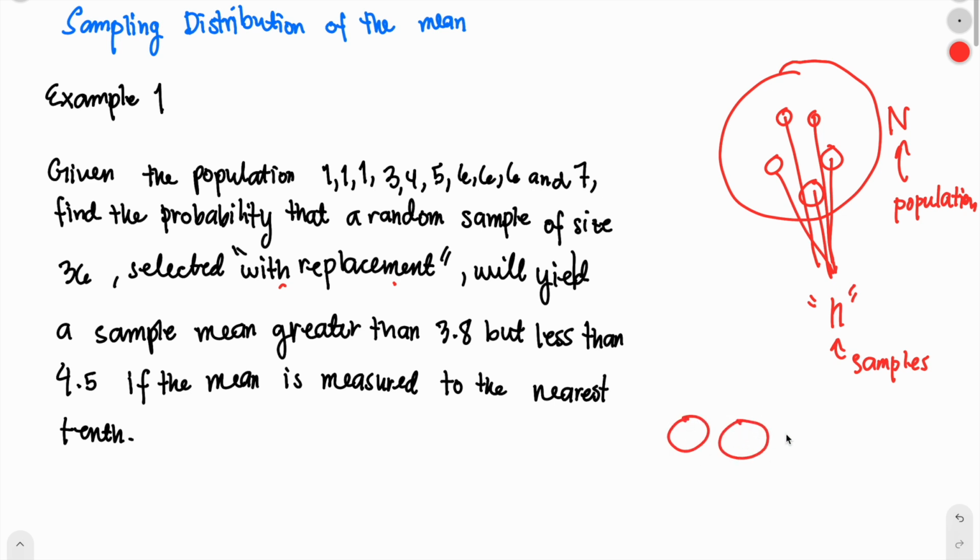The lotto needs 1, 2, 3, 4, 5, 6, right? 6 numbers, let's say from 1 to 65. So what is the probability for each number from 1 to 65?